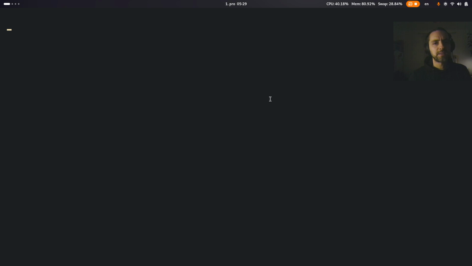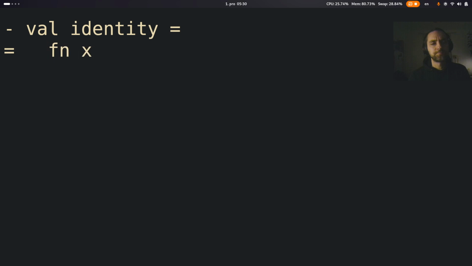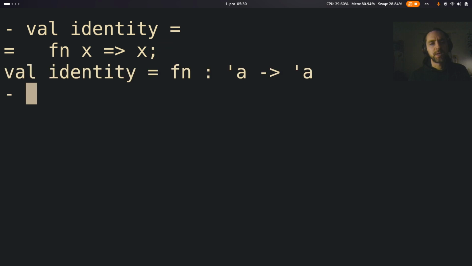So in SML we would call it, I guess we would call it val identity. Val identity, and fn x => x. And we have an identity function from any type to any type, so we can give it whatever we want.